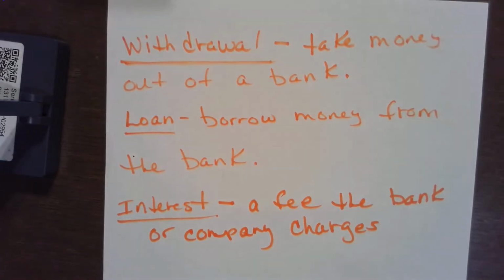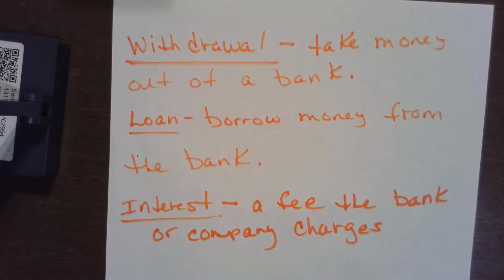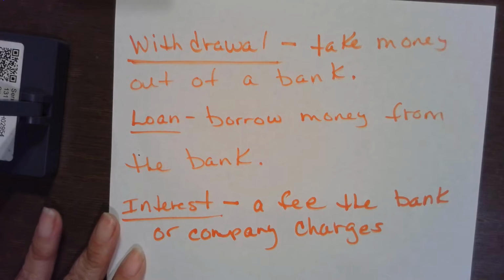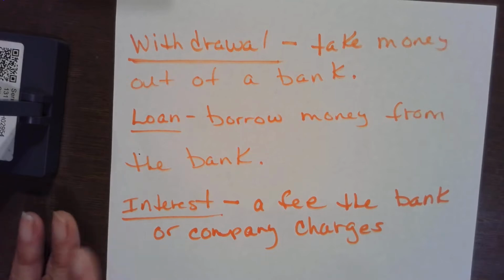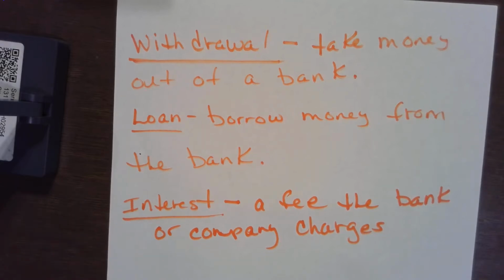Our next definition is withdrawal. That is when you take money out of a bank. A loan is when you borrow money from the bank, and interest is a fee the bank or company charges. Usually that's on a loan.